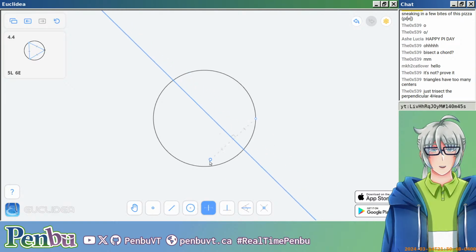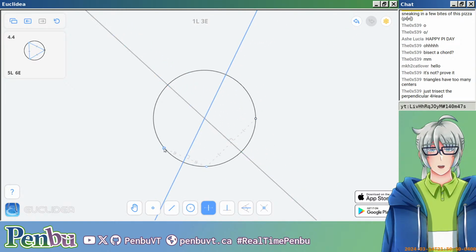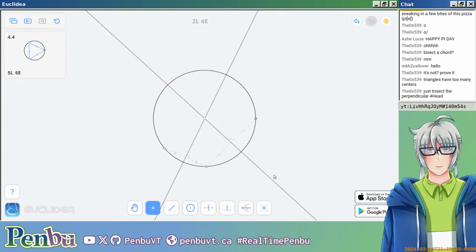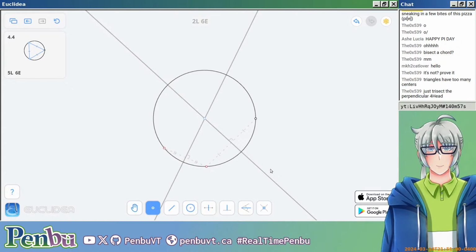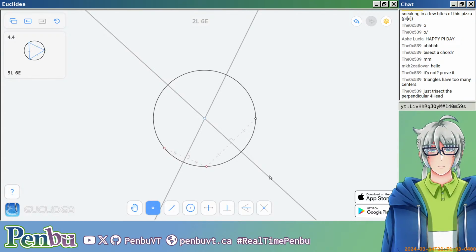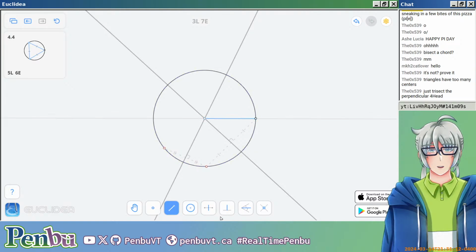Okay, so let's find the center. We can start with that. So we know that this is the center. And then from there, we know that this has to be one of the vertices, which means that if we draw a line from here to here, then some perpendicular line to this line is going to be one of the sides.